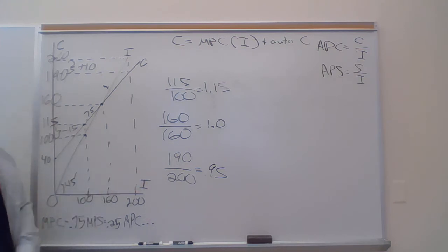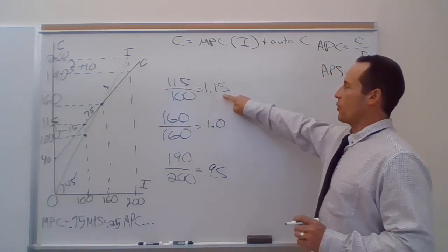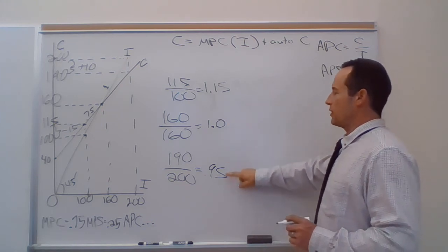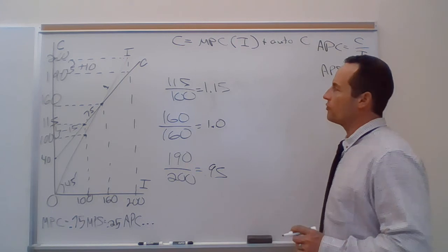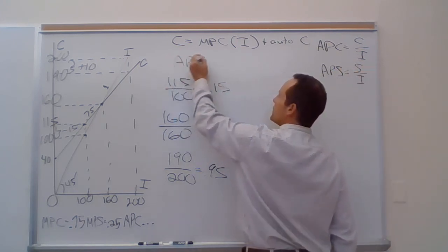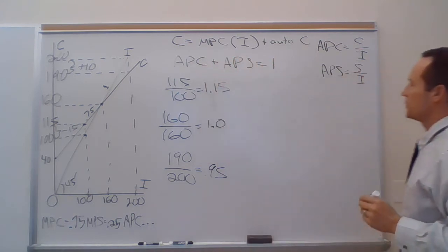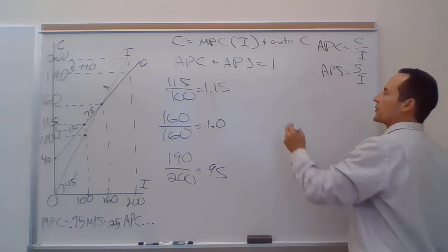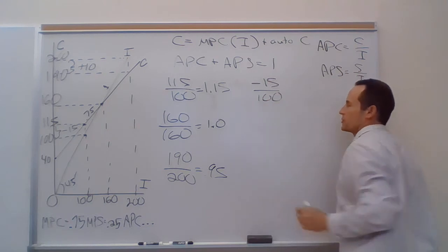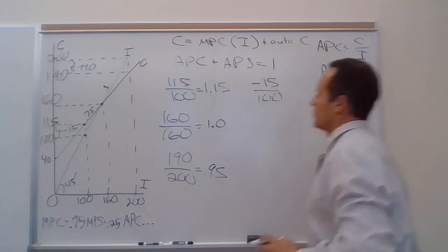What about APS? APC plus APS equals 1. Well, APS is defined as savings over income.